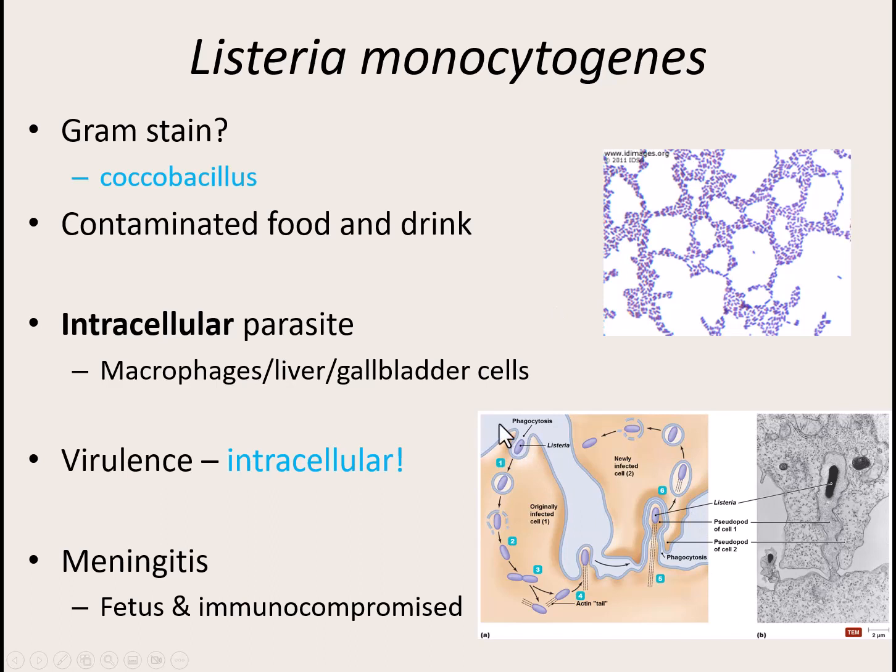It would like to get eaten because it's figured out a way not to get broken down and digested by these cells. And so it lives very well protected inside of these cells, almost hiding in our own immune system. Generally it lives in either macrophages, cells found in the liver, or cells found in the gallbladder. It's a nice tricky way for it to survive.